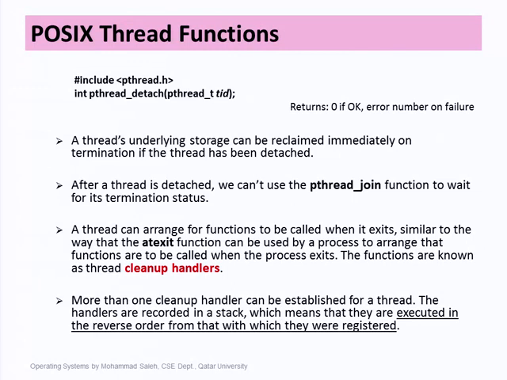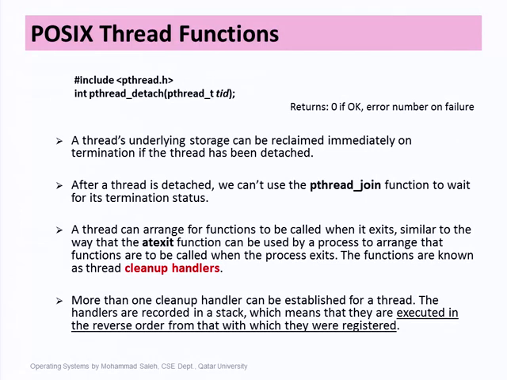One additional set of functions is related to the cleanup process immediately before the thread is exiting. I'm not sure whether you have used this before, but there is a function in C called atexit.